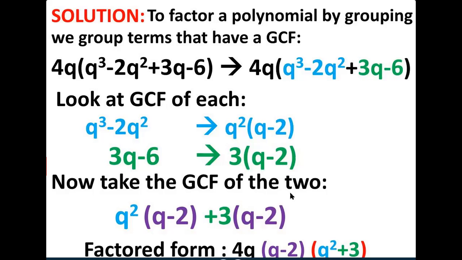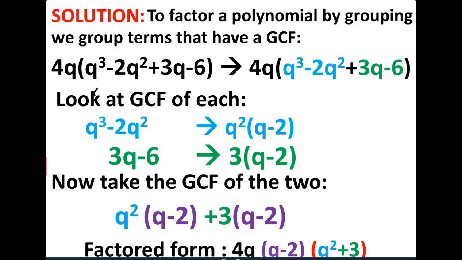Now take the GCF of the two terms: q to the power of 2 times q minus 2 plus 3 times q minus 2. And don't forget that you already have 4q at the beginning. Then also we are going to use q minus 2. So the rest will be q to the power of 2 plus 3.